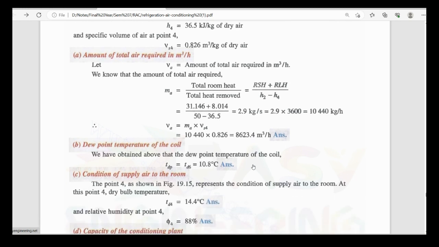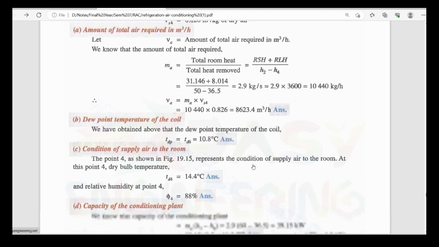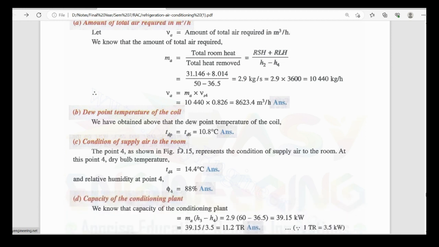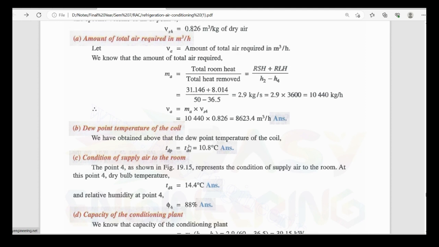Now the dew point temperature of the coil. Previously, by the trial and error method, we got TD6 as 10.8 degrees Celsius. Next, the condition of supply air into the room. From the bypass factor we got TD4. Now we can find another parameter at the point number 4 intersecting point. We can calculate the humidity, where relative humidity is 88% at that point.